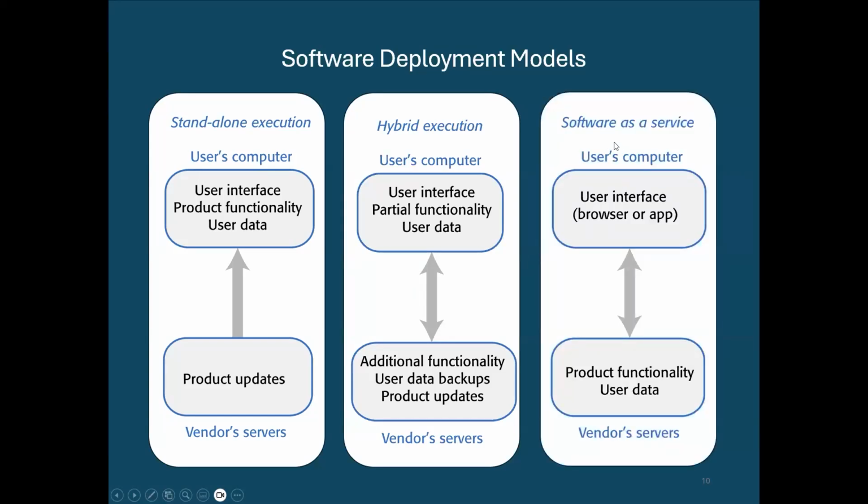The last one, software as a service, you see that product functionality and user data, everything is on the vendor servers. However, just the interface is on the user computer, which is the browser, and you open the application through the website.